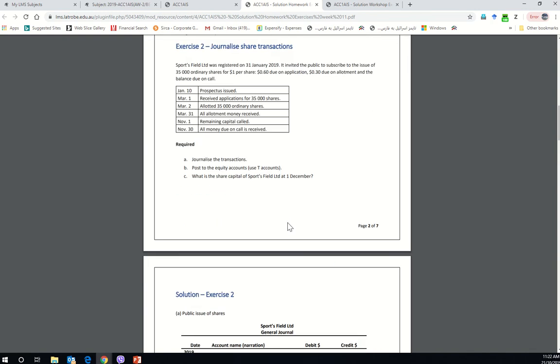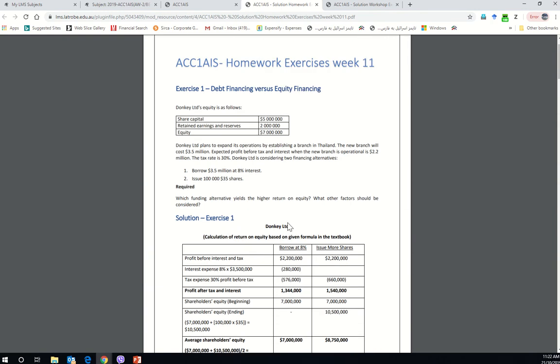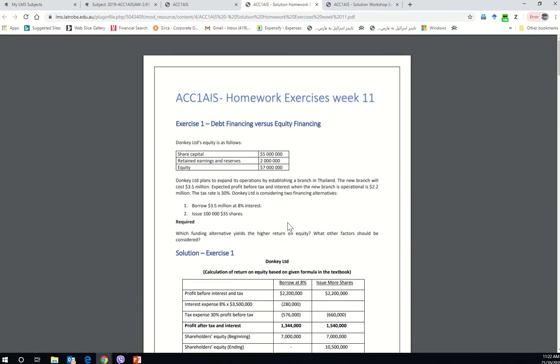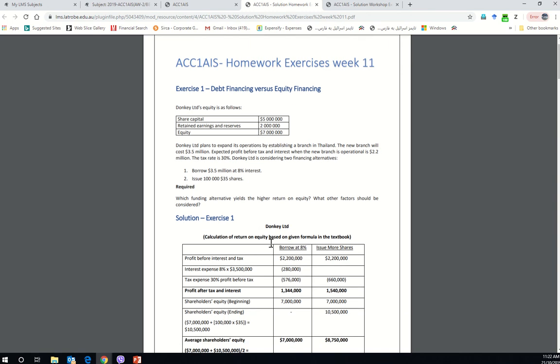In terms of calculation of return on equity in question 1, this ratio needs to be memorized, and the ratio will not be given to you. I calculated this ratio under two methods. So one is calculation of return on equity based on the formula which is given in the textbook. In this formula, it is required to calculate the average equity.